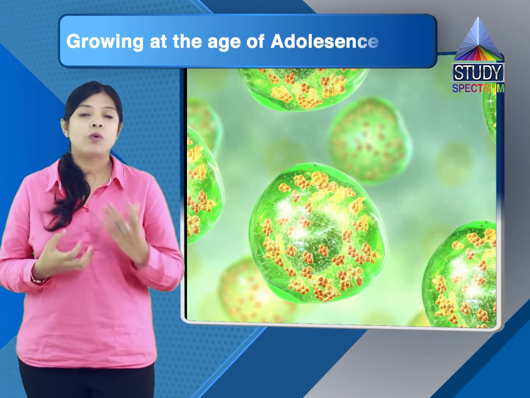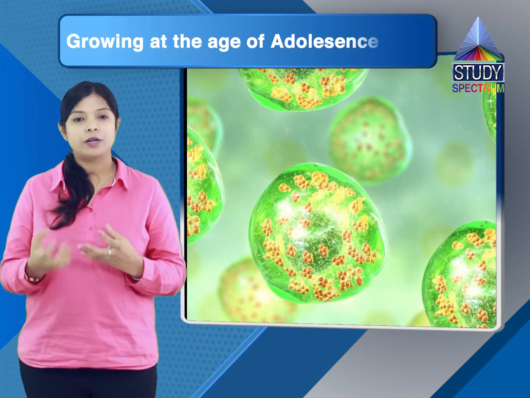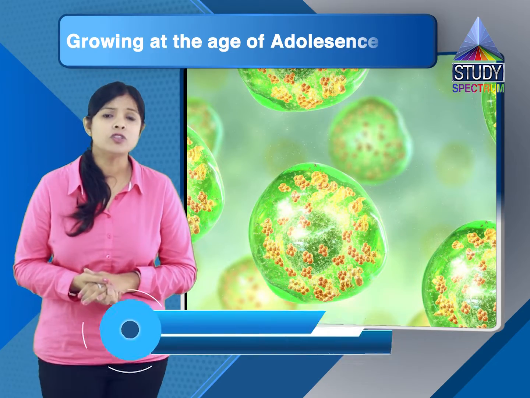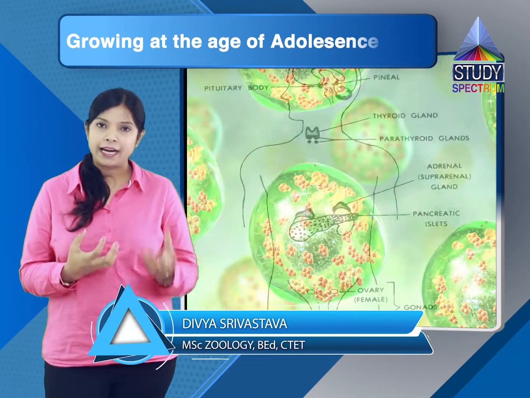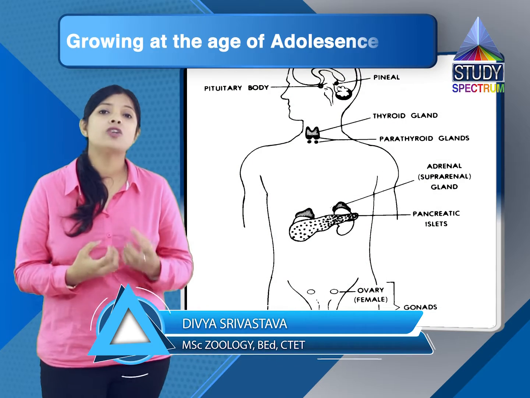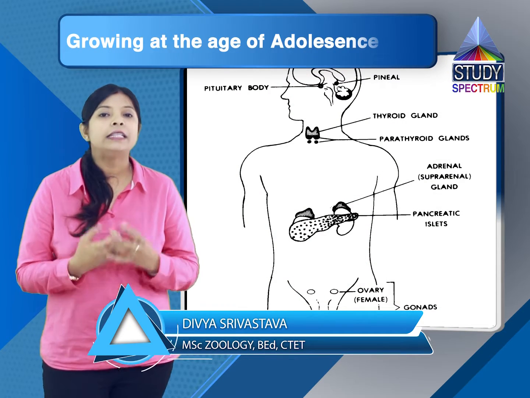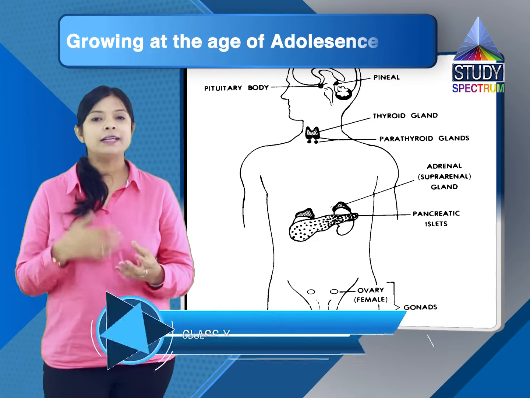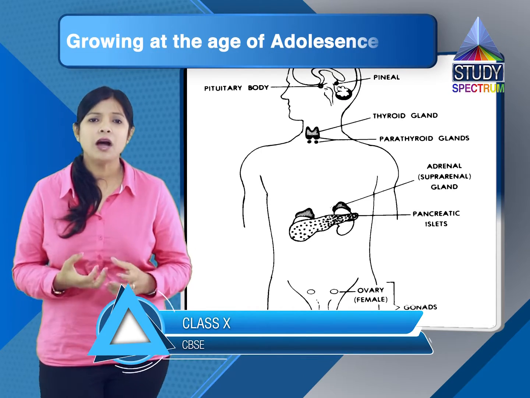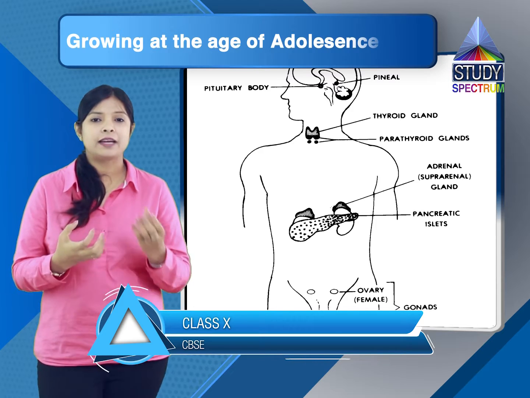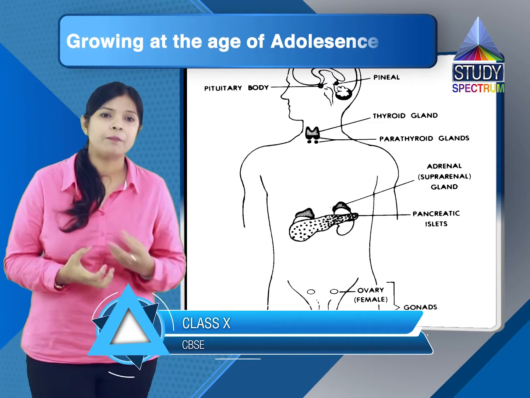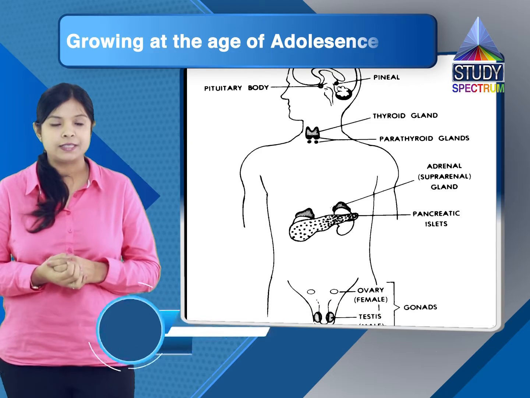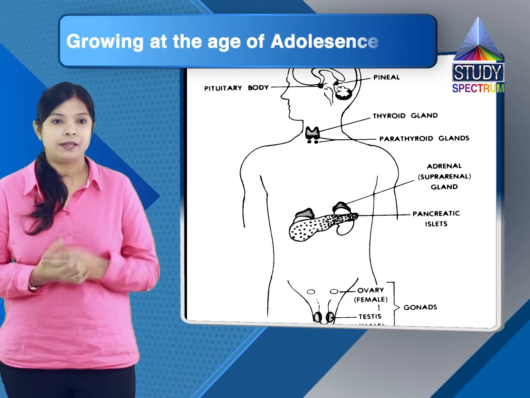Now other than this, what are the important hormones and what is their role? Students, as you know, endocrine glands consist of a bag-like structure that is called a gland. These glands are also called ductless glands. These glands are located at specific places inside our bodies and release a chemical.